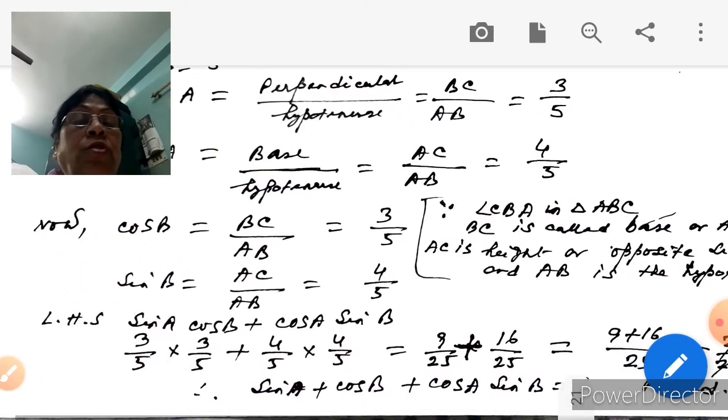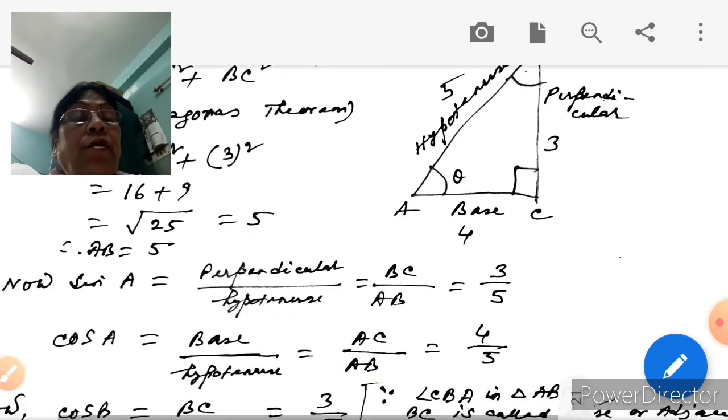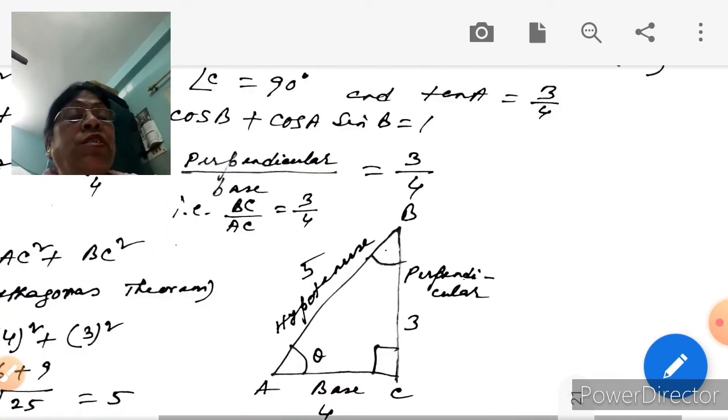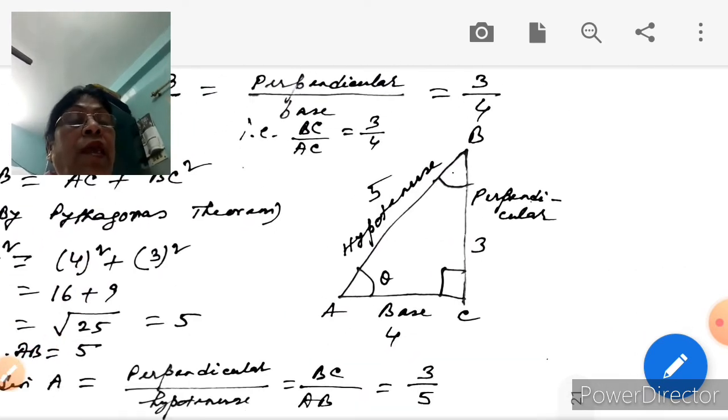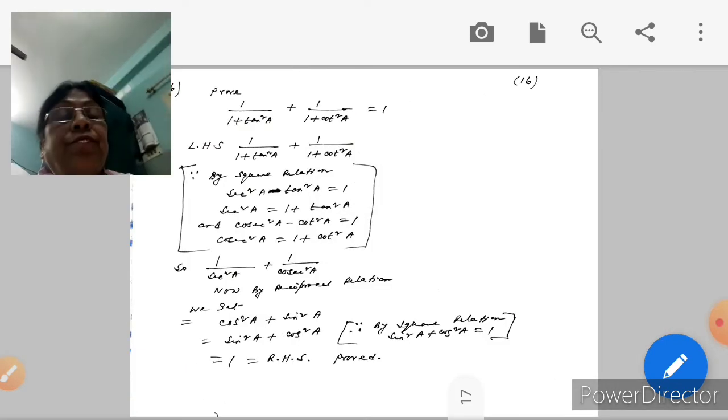So, here the adjacent side is BC. When you consider angle CBA, then BC will be the base.